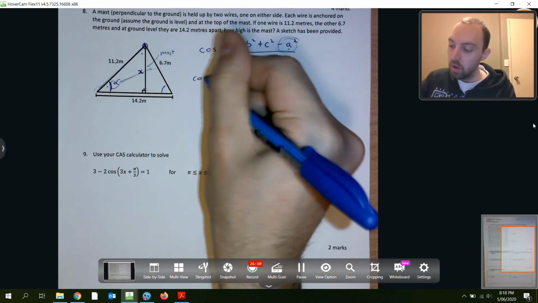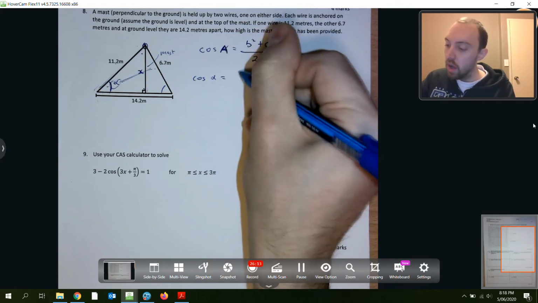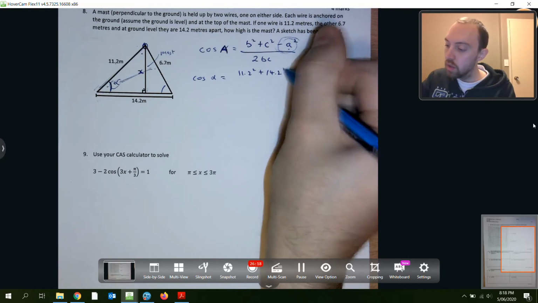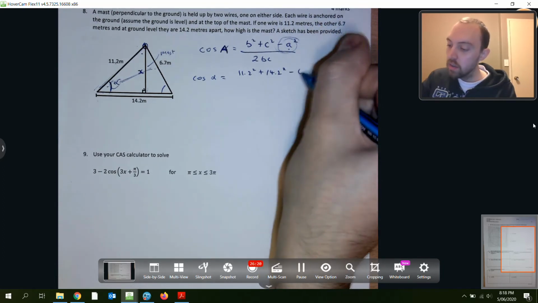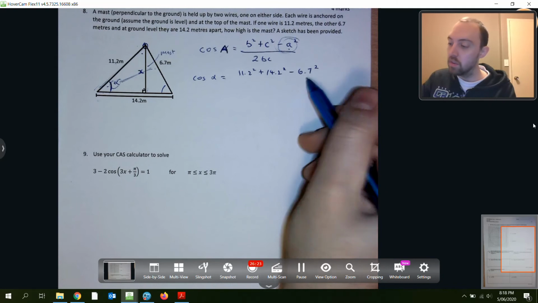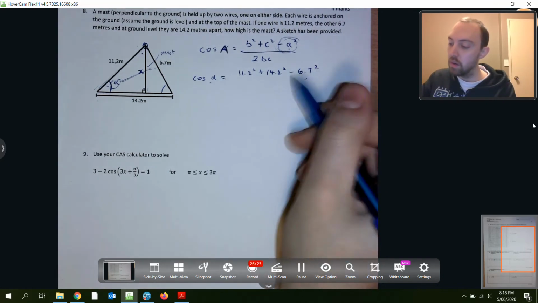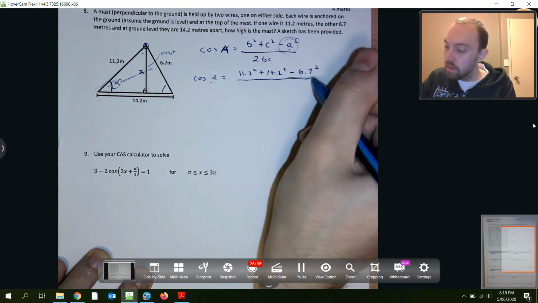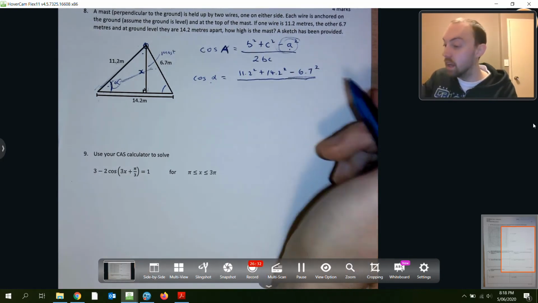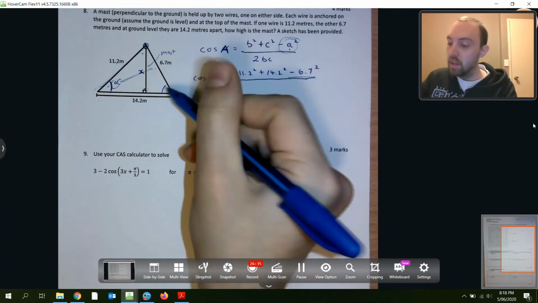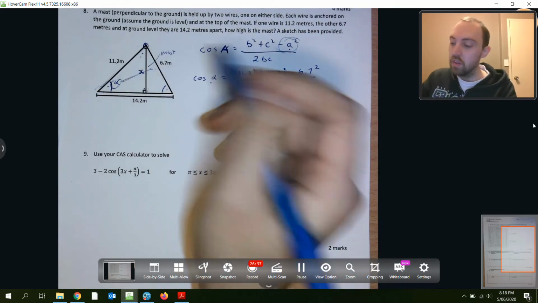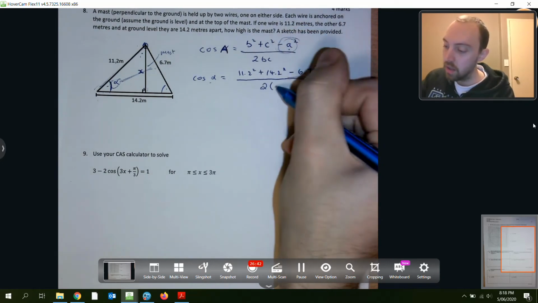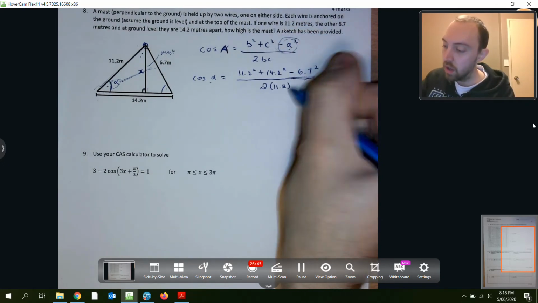So cos of alpha is equal to 11.2 squared add 14.2 squared, take 6.7 squared. 6.7 is opposite alpha, so that's why I'm taking 6.7. Very important part of the problem, because if you took a different number, you're finding a different angle. And that could be useful if you found this angle or this angle, but if you're not understanding it correctly, you're more likely to make mistakes later on.